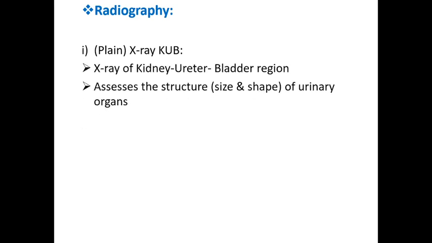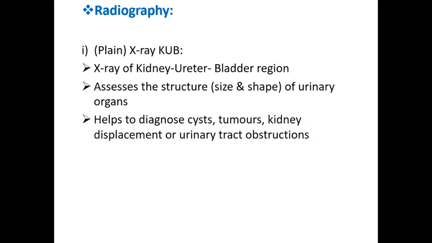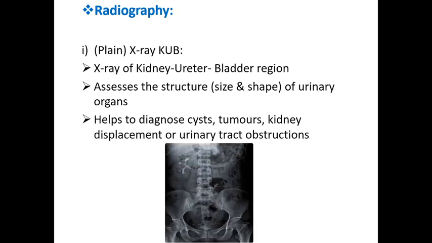It helps to assess the size and shape of the urinary organs, and also gives you an idea about any cysts, tumors, kidney displacements or urinary tract obstructions. So this is a plain X-ray of kidney ureter bladder region.